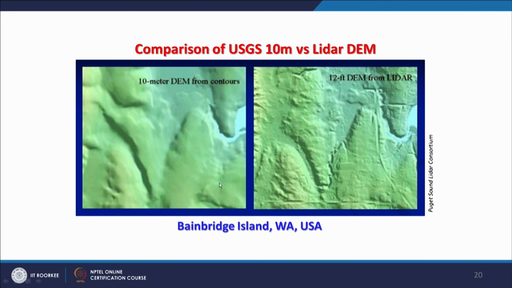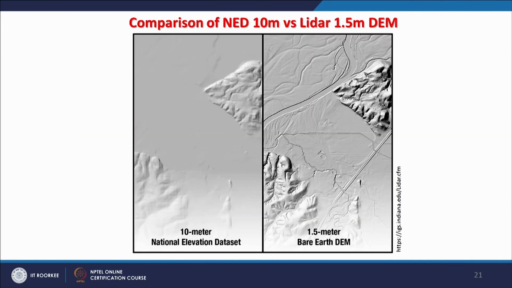So all kinds of options nowadays are available to generate digital elevation models. One more example we see here is the national elevation data of the US at 10 meter resolution versus Lidar of 1.5 meter resolution. See, this is a 1.5 meter resolution. This is bare earth. This is not DSM.